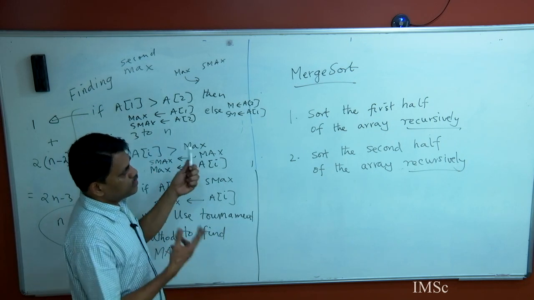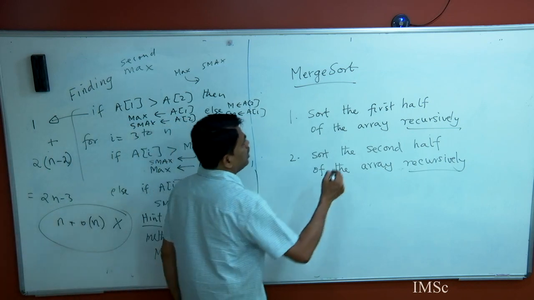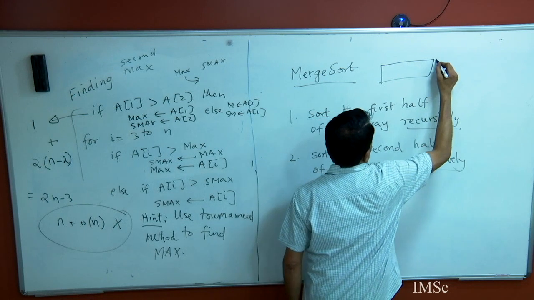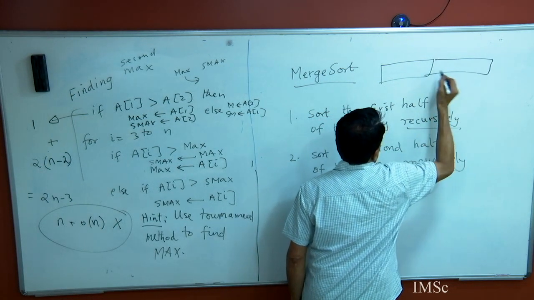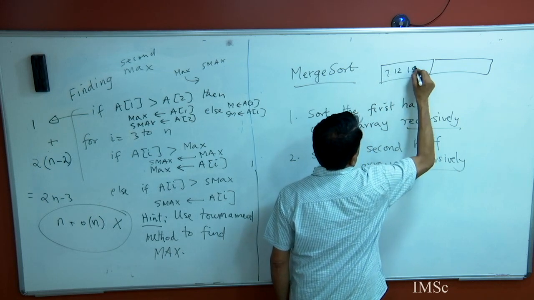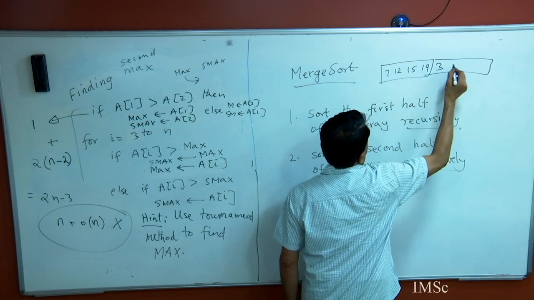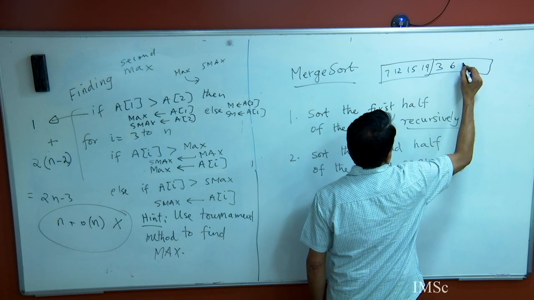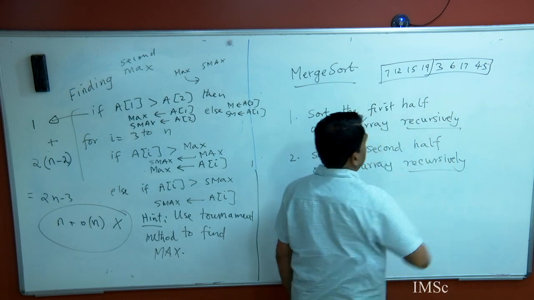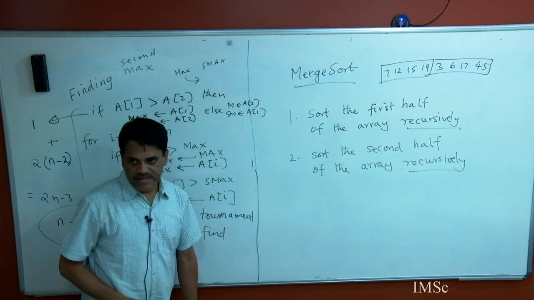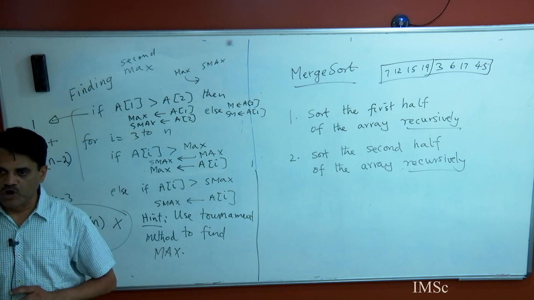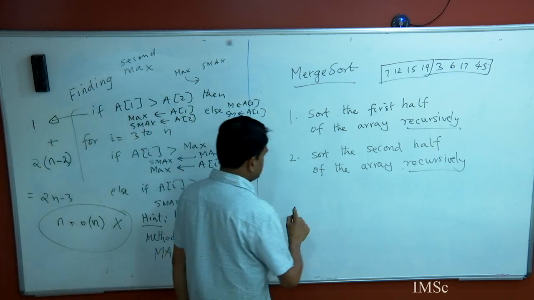So at the end of these two steps, you have the first half sorted, the second half sorted. So each of these is sorted. Now to complete the entire sort, you have to merge these two sorted arrays, and so that is an external routine.